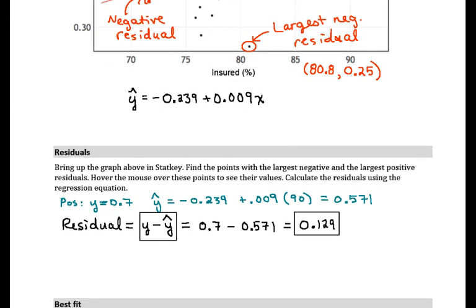For our negative residual, we'll do the same thing. That negative residual had a y value of 0.25, but a y hat, which we will get from plugging this x value into the regression equation. So my y hat is negative 0.239 plus 0.009 times 80.8.